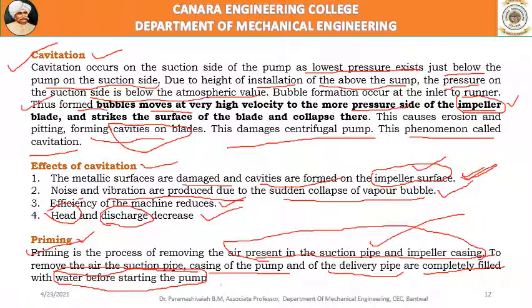Otherwise, if there is an air bubble, then it acts as an obstruction, so the pump will not deliver. This process of removing the air bubbles by filling the suction pipe and pump completely with water is called priming. Clear?